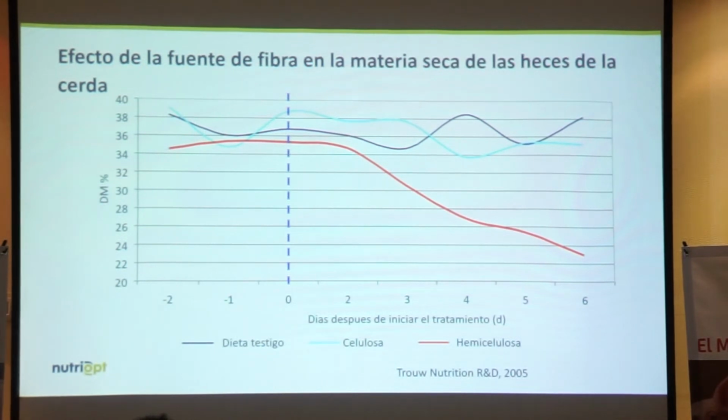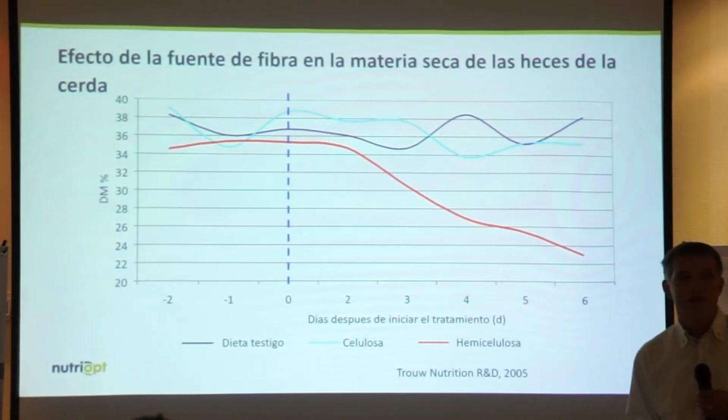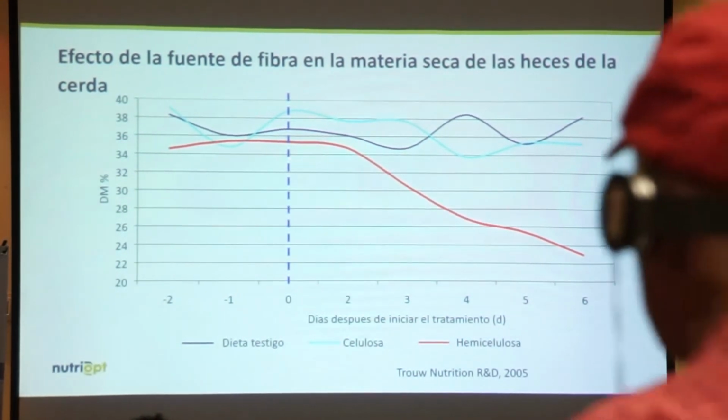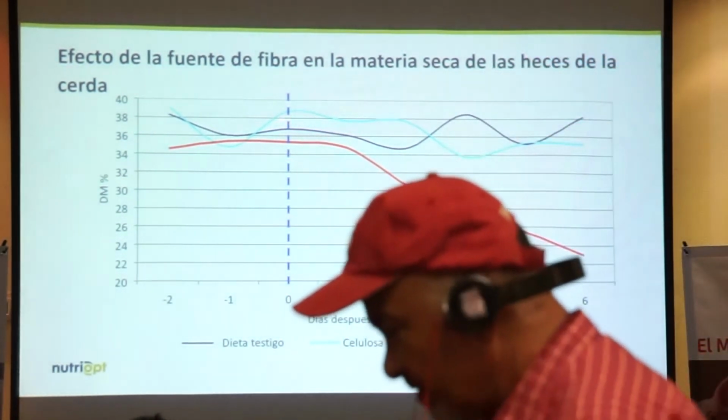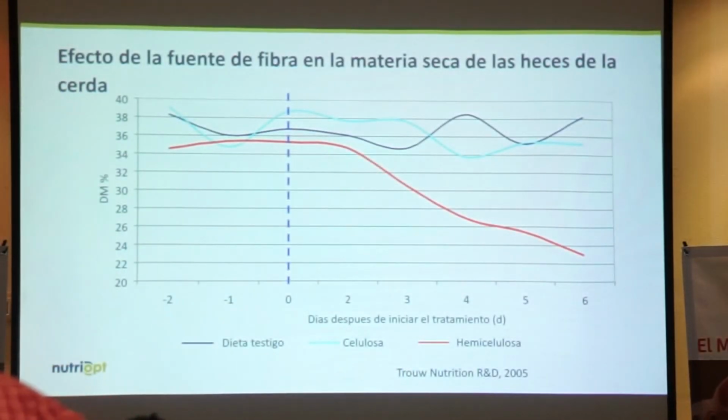Of course, with cellulose you get more feces because it is an inert product, but you don't get, let's say, soft feces or feces with a lower dry matter content.